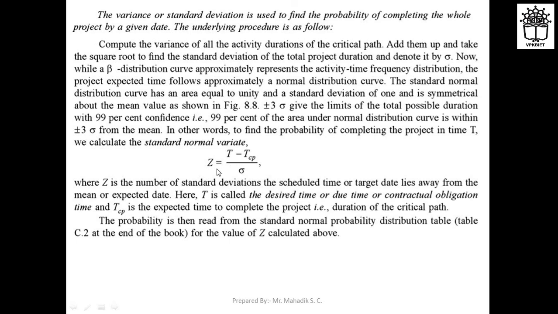So you can use this relation for calculating z, that is z is equal to t minus TCP upon sigma, where z is the number of standard deviations the scheduled time, or target date, lies away from the mean and expected date. Where t is called the desired time, due time, or contractual obligation time, TCP is your expected time to complete the project, and sigma is the standard deviation.